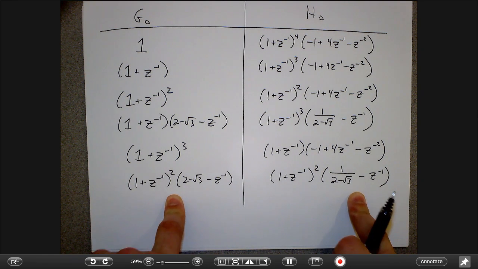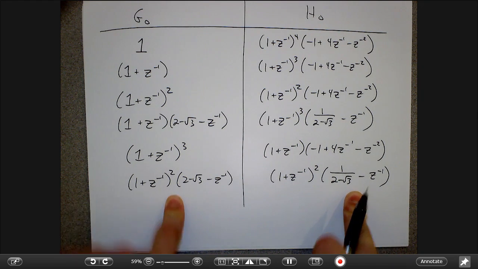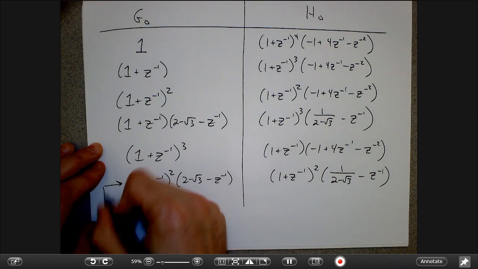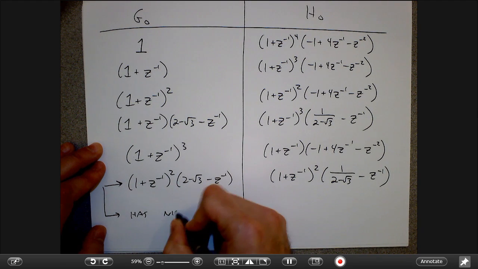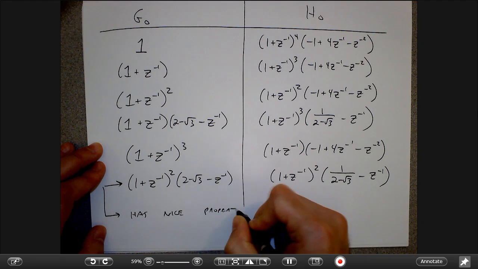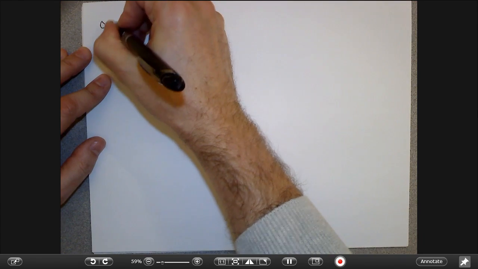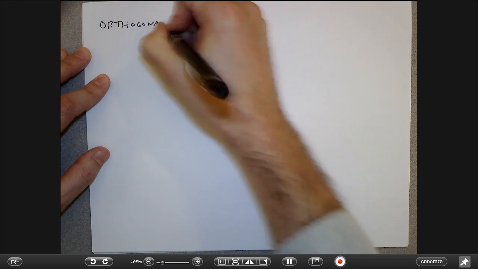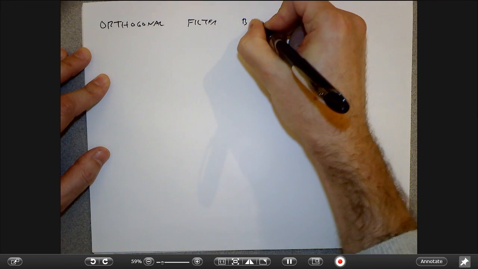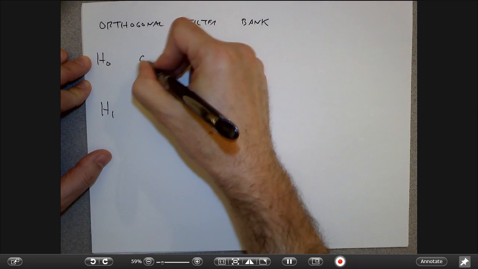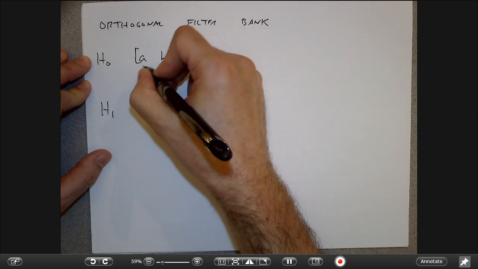It's not linear phase, but it's what's called orthogonal, right? And what orthogonal means is that this one has nice properties in the sense that if I write out what the filter taps look like, they look something like this, where I get an orthogonal filter bank, where I'm forcing the filter taps to have a specific pattern.